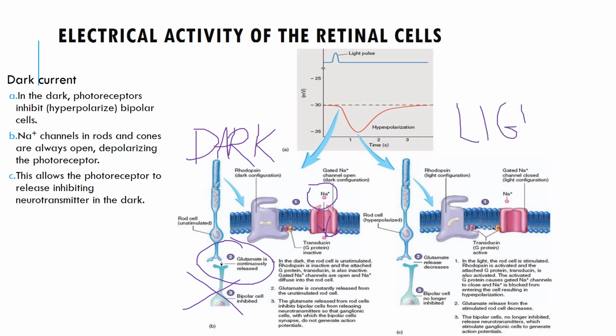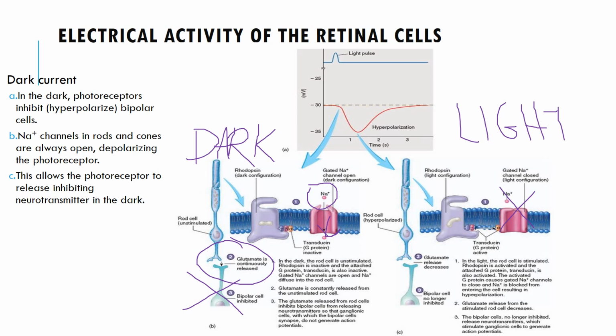Now, in the light, what happens with the rods is that there is a change in the rhodopsin to a different configuration. That's going to close those sodium channels, so sodium can no longer come in, and that's going to result in hyperpolarization.